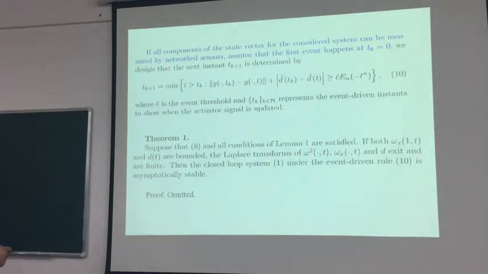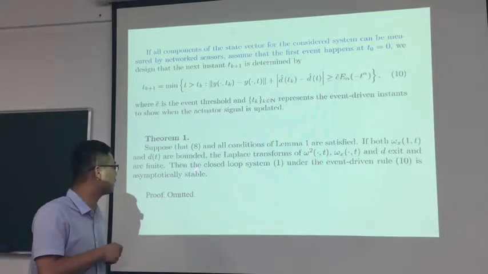Okay, if all components of the state vector for the considered system can be measured by network sensors, assume that the first event happened at t0, with t0 equal to 0. We then design the next instant t_{k+1} to be like this.